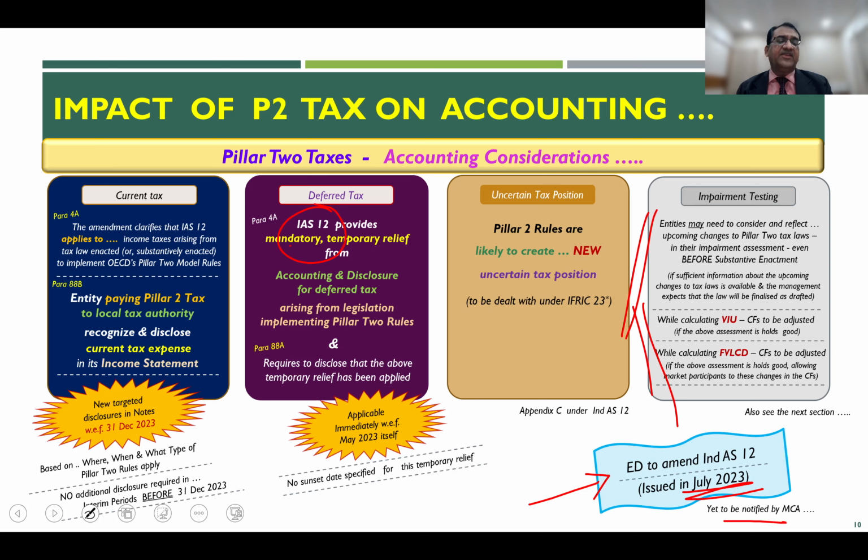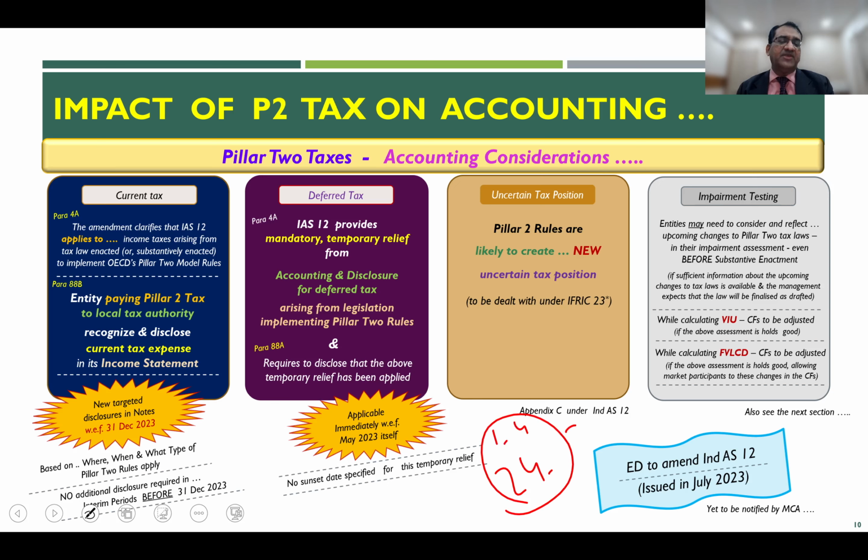But so far, it is yet to be notified by MCA. I think as recently as last week, there are some developments on this exposure draft. Hopefully, from an Ind AS perspective, this requirement will start from 1st April 2024, that means the 24-25 financial year. This requirement, what we saw for current tax and deferred tax, is likely to come up in the Indian context as well. So you should be aware of that.